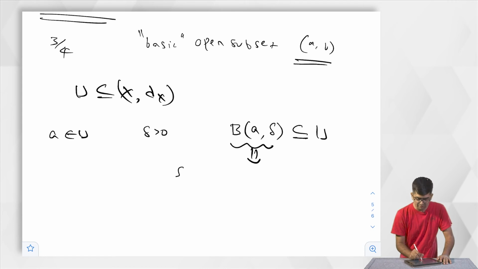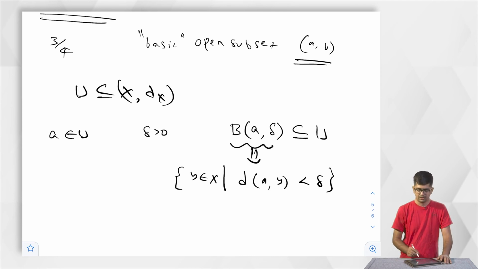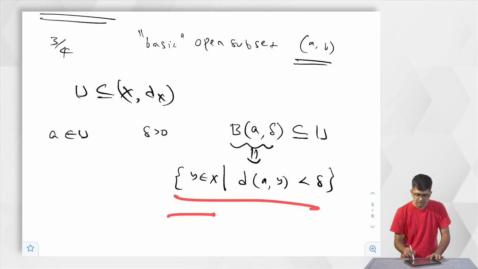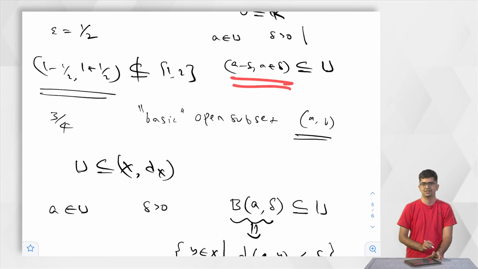This is the following set: elements y of X such that the distance between a and y is less than delta.